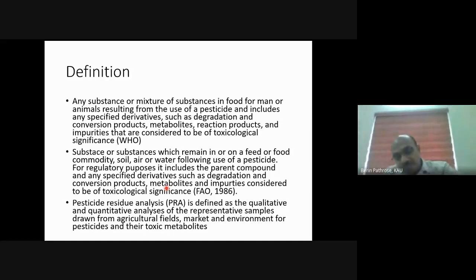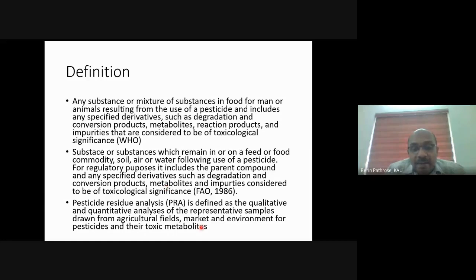It includes pesticides and their derivatives such as degradation products, conversion products, metabolites, reaction products, and impurities that are of toxicological significance. By meaning it's the same, but I prefer FAO because it is more inclusive in nature and easier to understand.